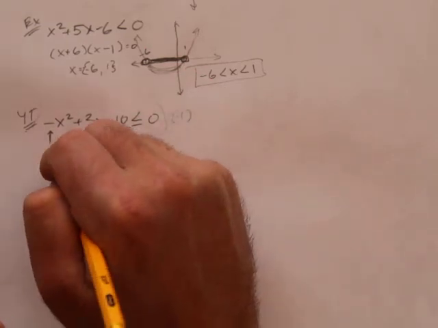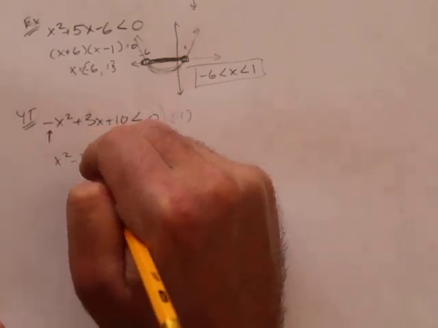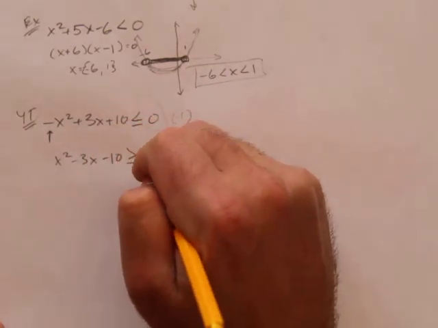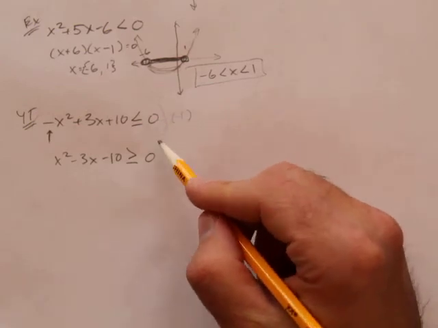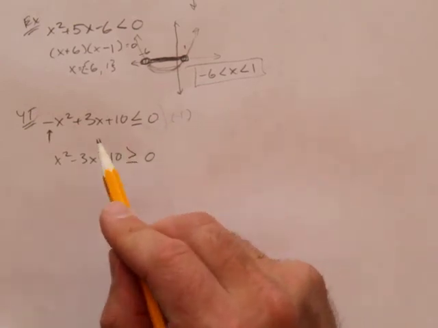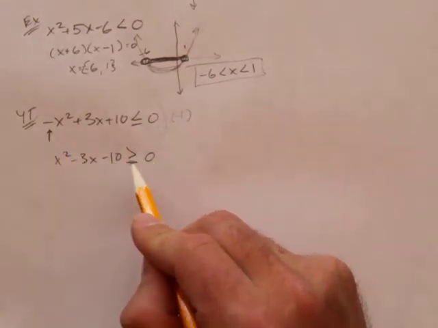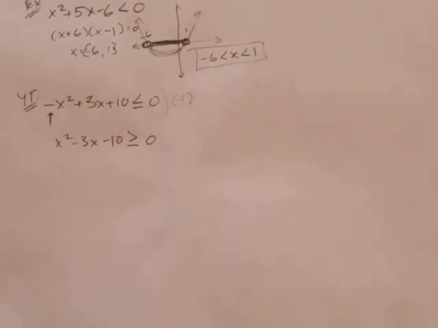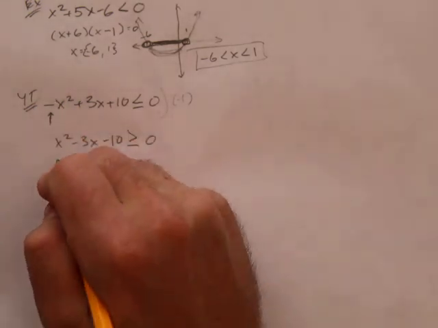So I get positive x squared minus 3x minus 10 is greater than or equal to 0. 0 times negative 1 is 0. I flip this because I multiplied both sides by a negative, so I need to switch my sign. Now I can solve this.